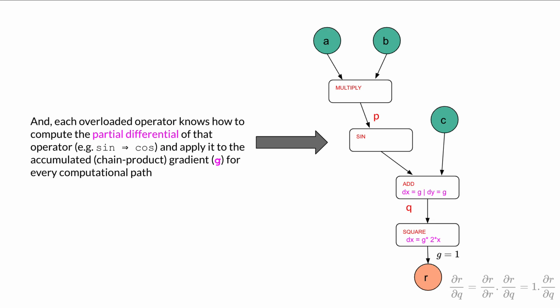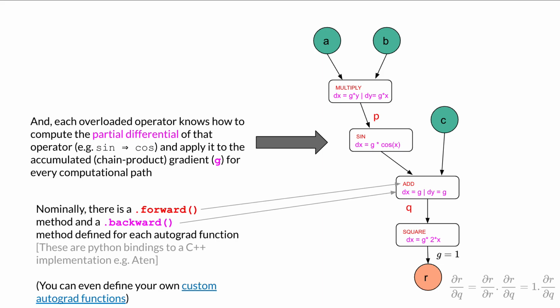Then we can see that the built-in of the add function also gives us a differential. The sine computational node has its differential, so the differential of sine with respect to its input x is cos of x. And then the multiply, you just flip the multiplicands to get the differential of the multiply function.